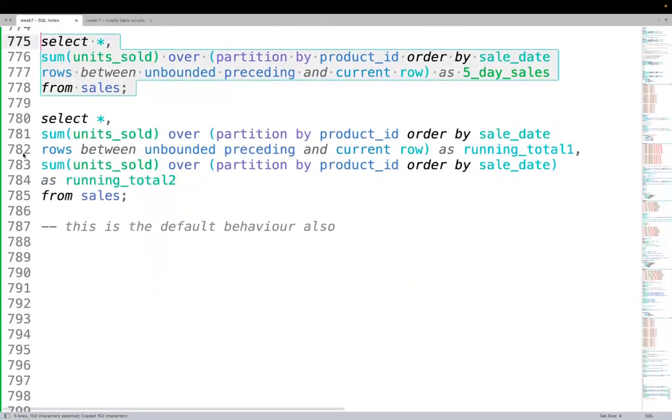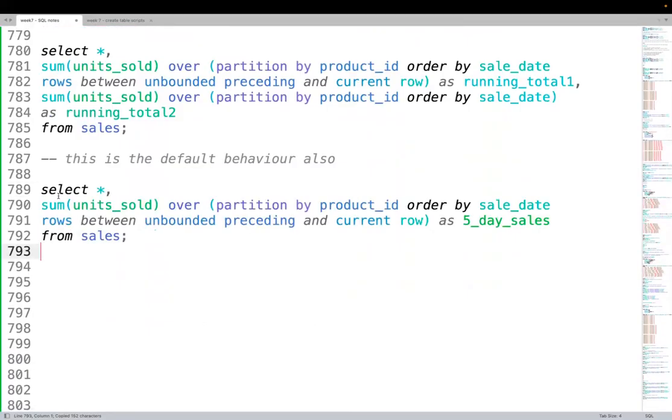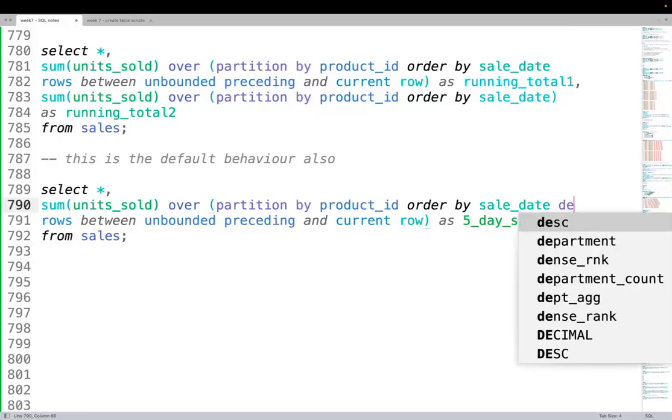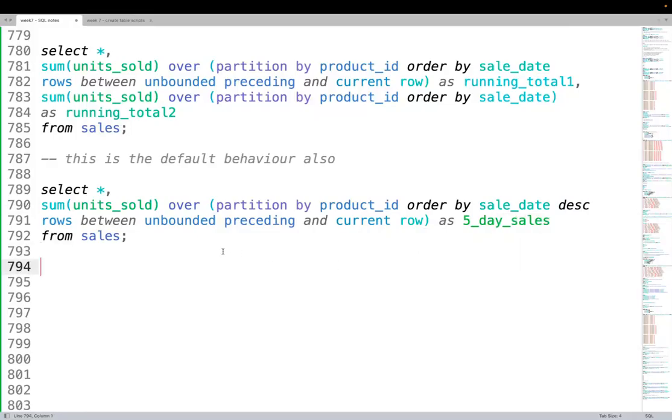Let's say I take this only and try making some changes. So I say partition by product ID, order by sale date descending. That means the latest date will be at the top, right?